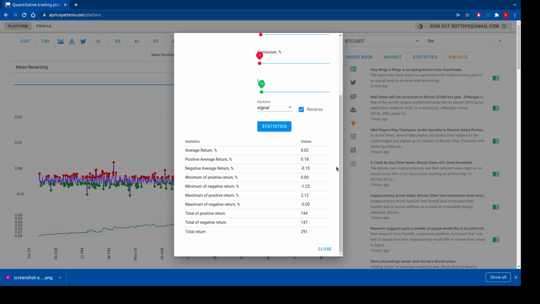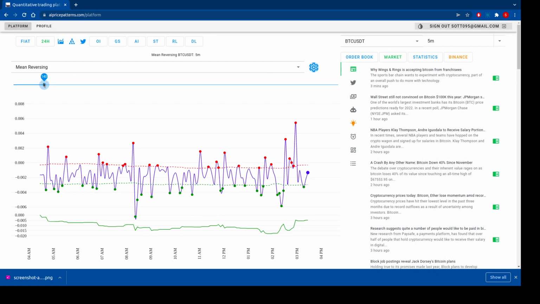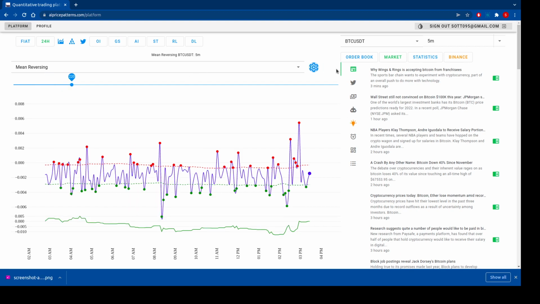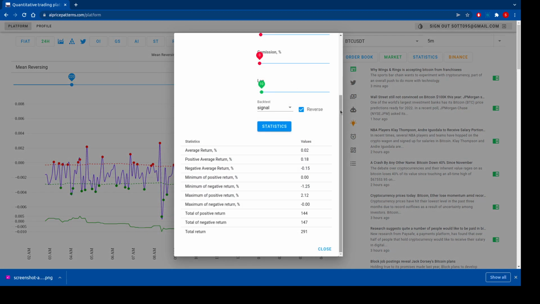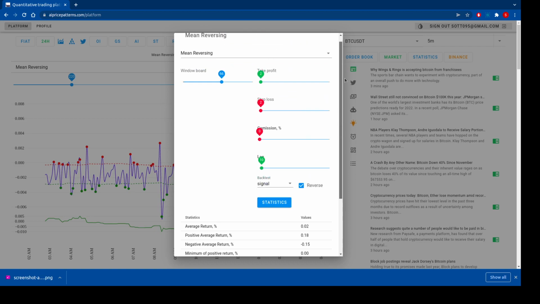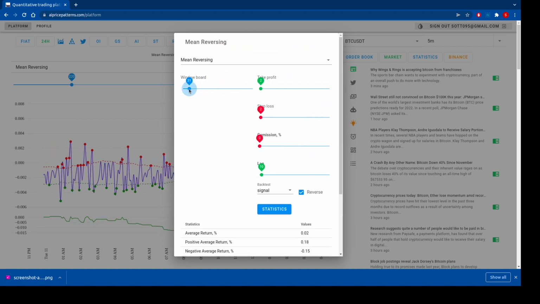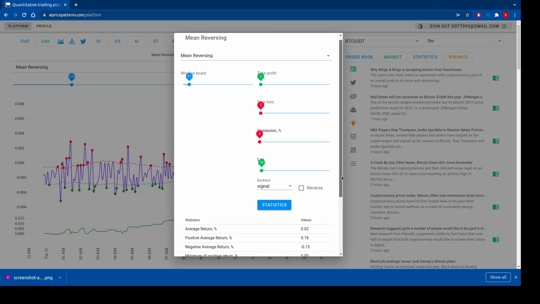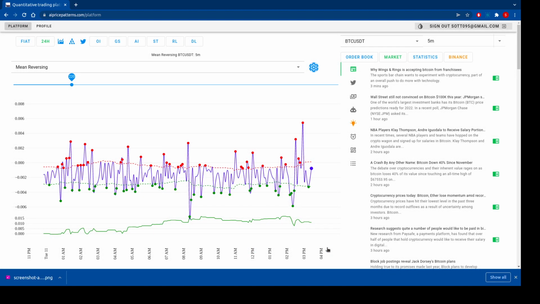Let's see another. The negative average return is less. Okay, and I'm trying to look at the dependency on the market, what the signal is, and I'm trying to find what dependency we have at the current moment, and we could use it.